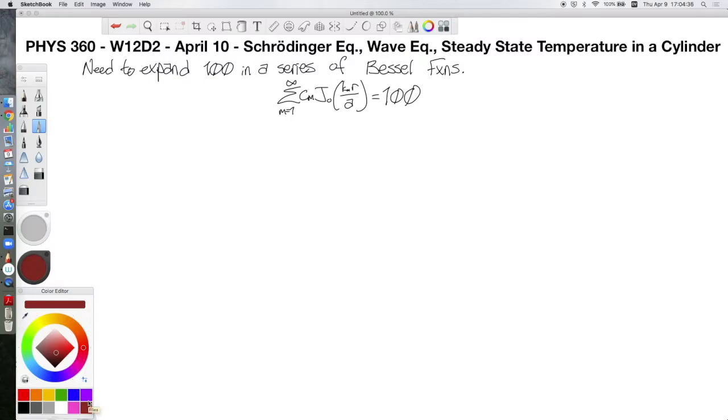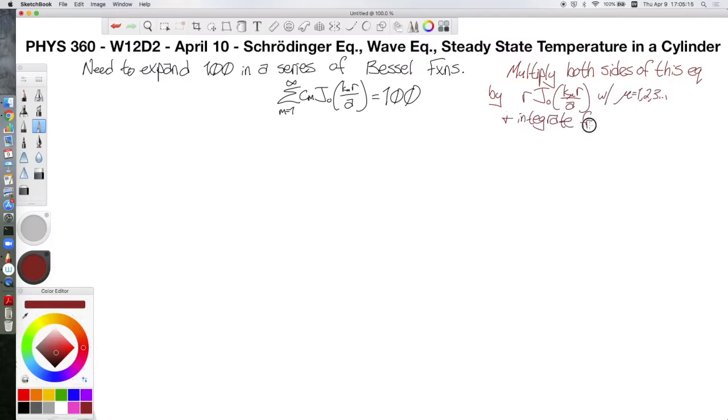And the first thing I'm going to do is multiply both sides of the equation by r times J naught of k sub mu r over a and integrate from r equals 0 to r equals a.